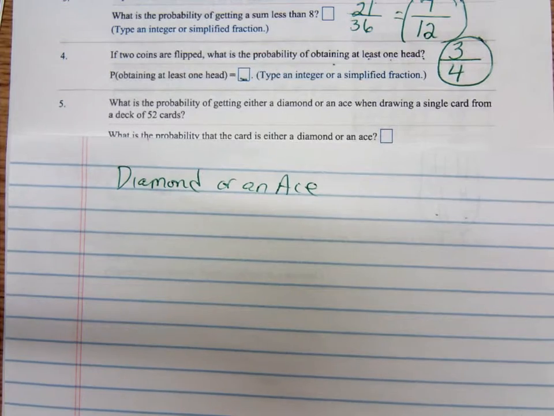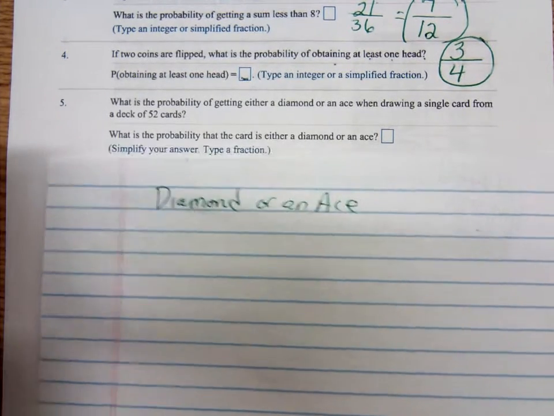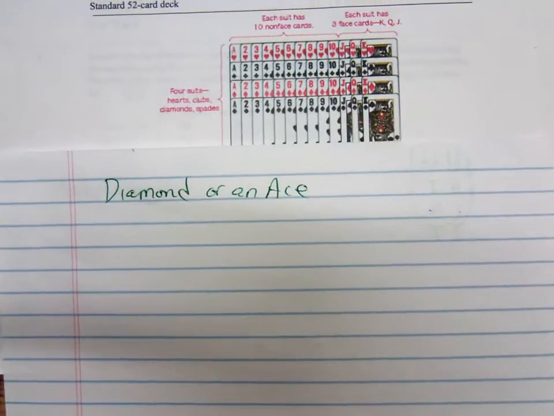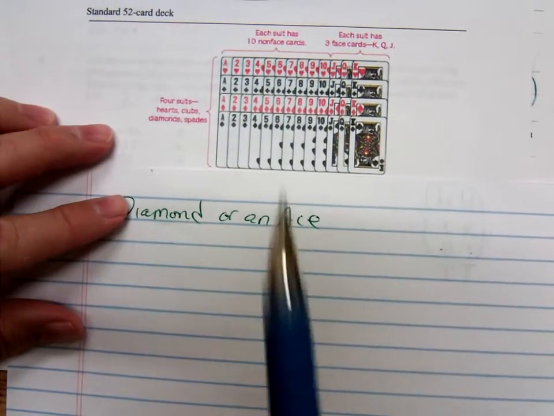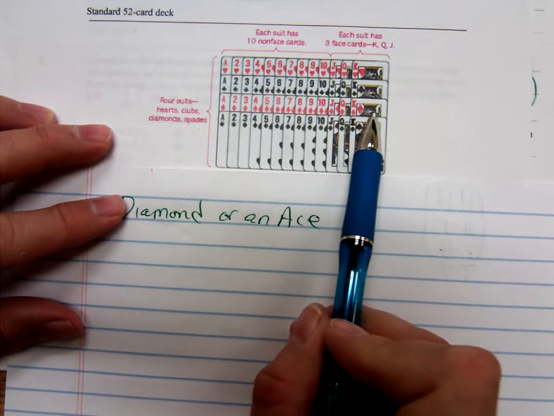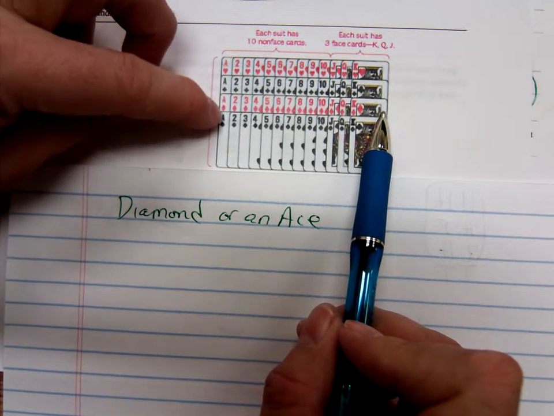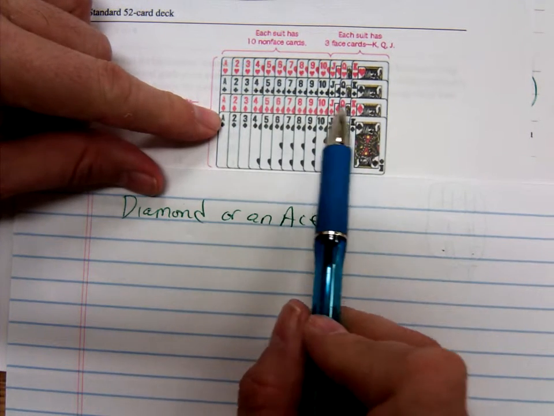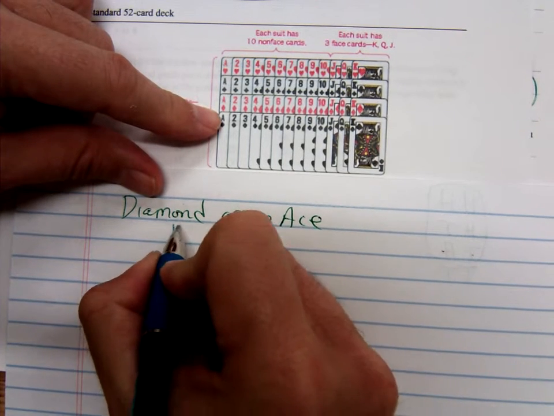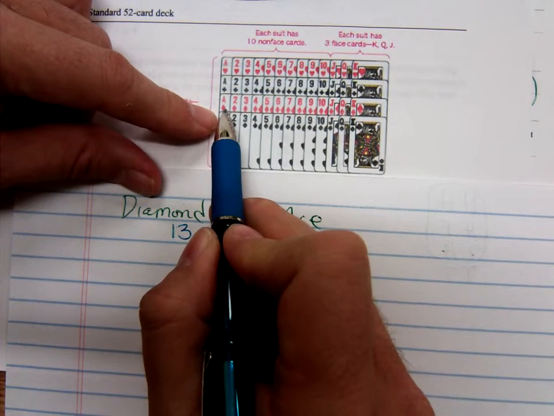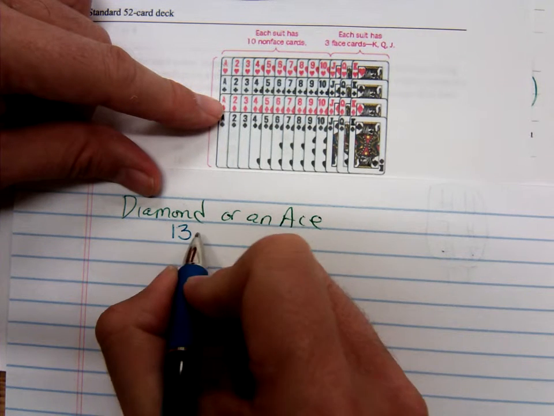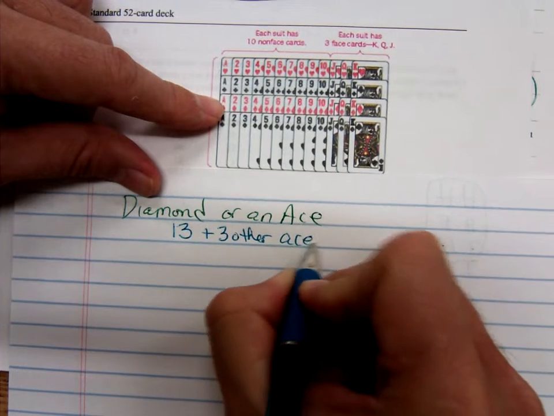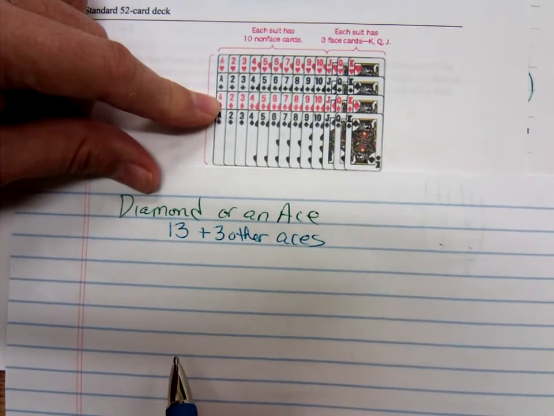Well, you've got to be careful. You don't want to count anything more than once. If we look at a deck of cards, the probability of getting a diamond, well, there's 13 diamonds and there are 4 aces. But wait a minute. When you say there are 13 diamonds, that's counting one of the aces. So there's 13 diamonds plus 3 other aces, all out of 52 cards.